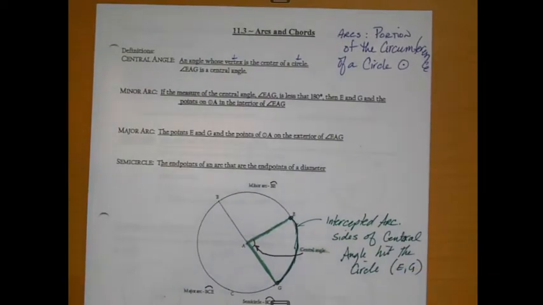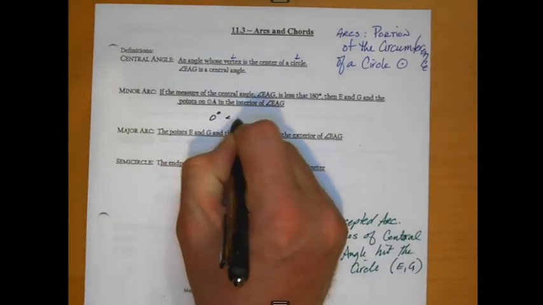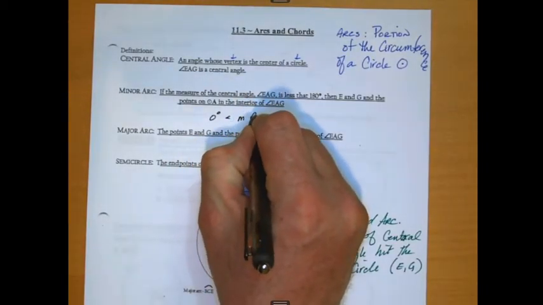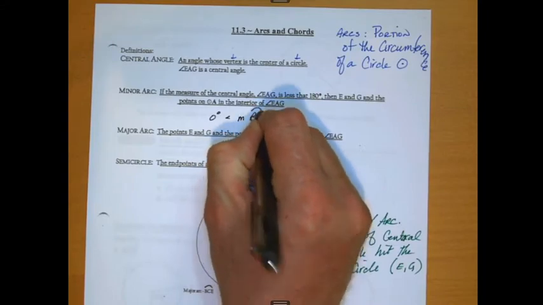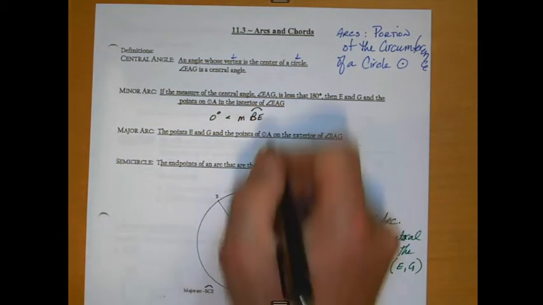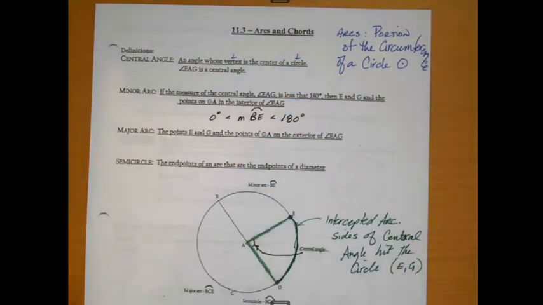All right. So minor arcs are going to be between 0 and 180 degrees. So let's write that down. Measure of arc BE. So that's how you say that. The measure of arc BE is going to be less than 180 degrees and more than 0 degrees.